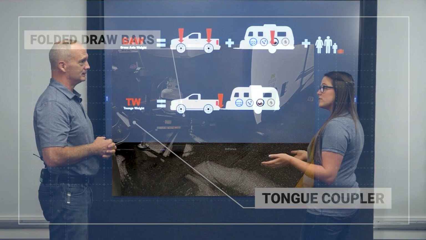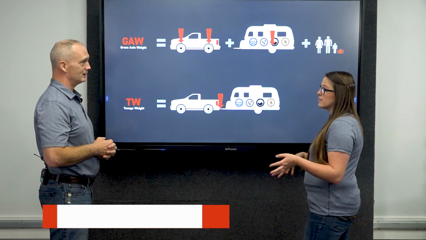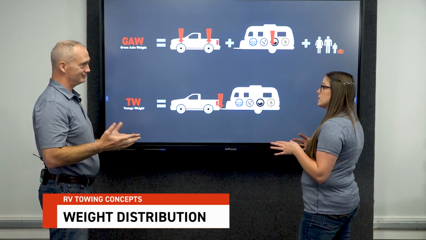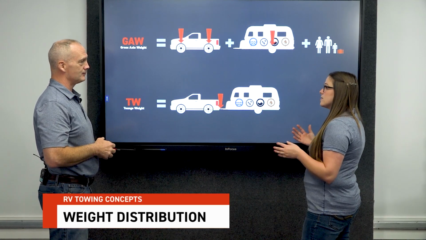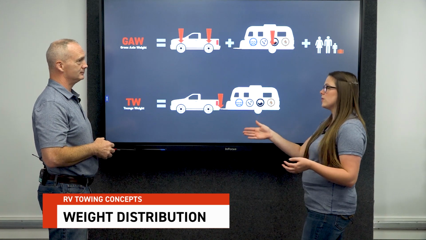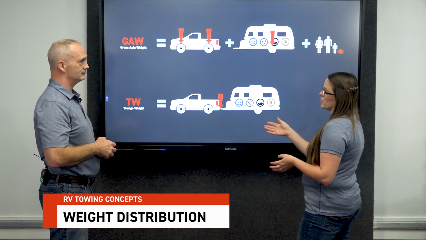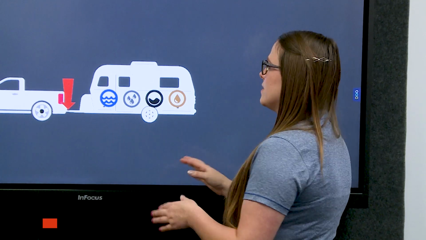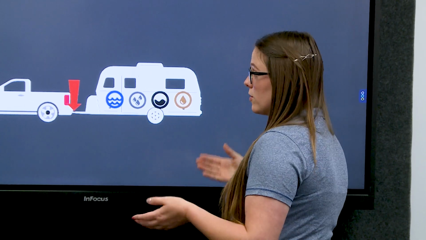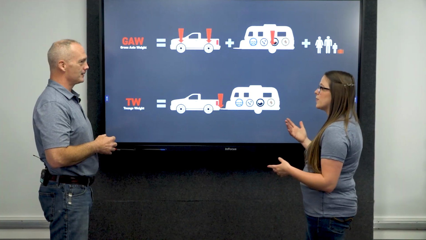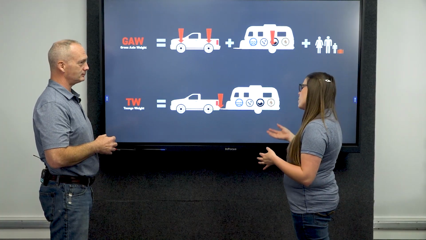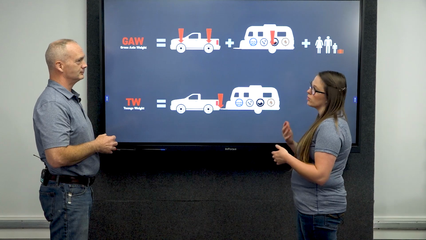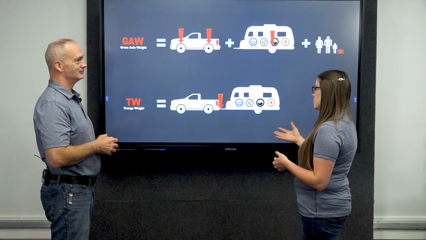So that kind of starts sliding into your second concept of weight distribution and really understanding the effect of what you're loading into your truck bed, into your camper. Make sure you don't put all of your eggs into one part or they're going to break. Right. A lot of times you'll find that your black water tank is towards the back, or your gray tank is also towards the back.